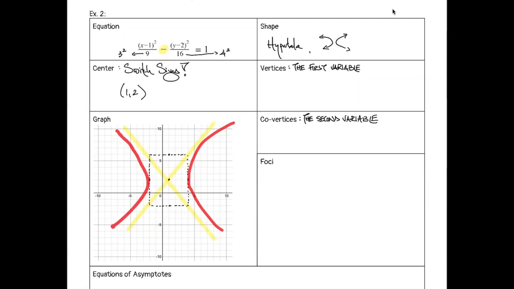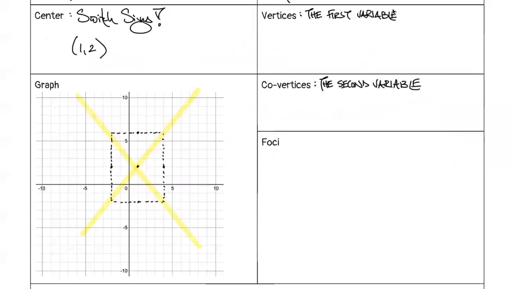Okay, so you see how those yellow asymptotes are kind of like guiding lines for what we're doing. So let me zoom back in, and I'll end up with one hyperbola branch over here, and then another hyperbola branch over here. Okay.